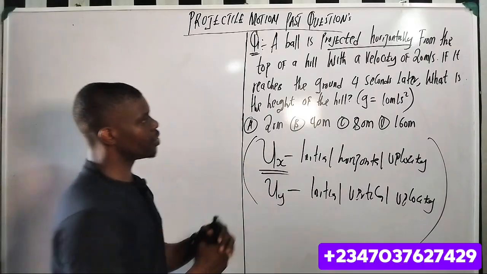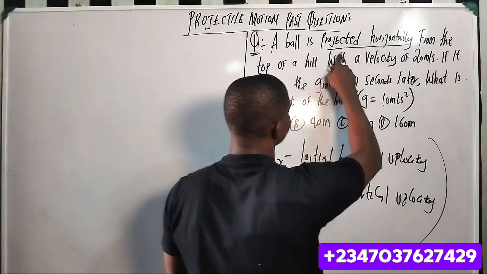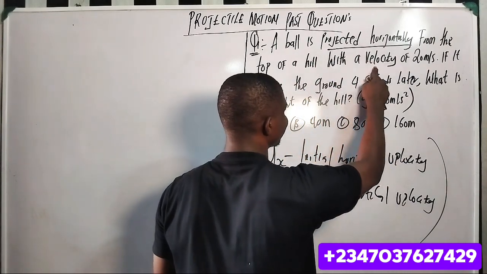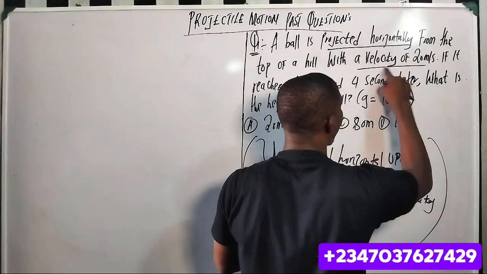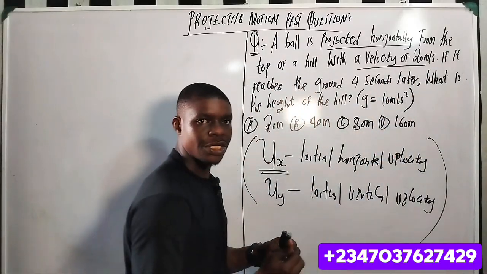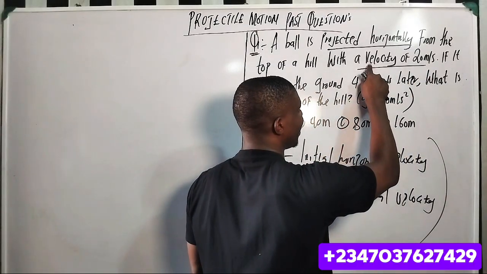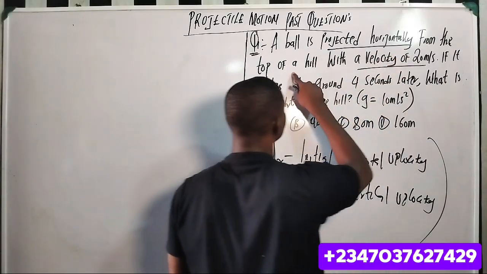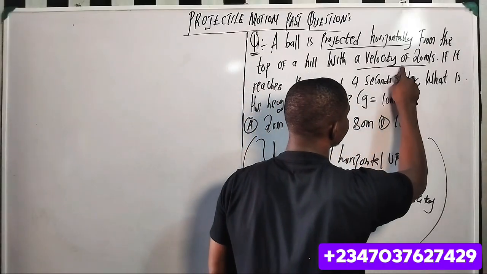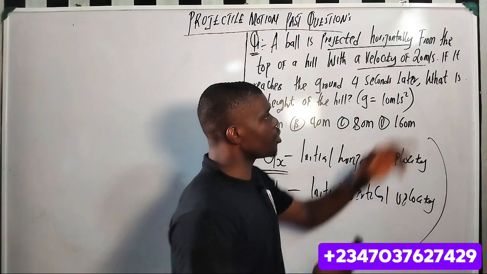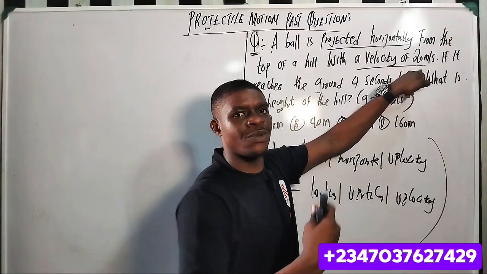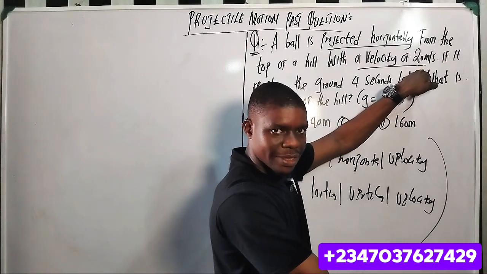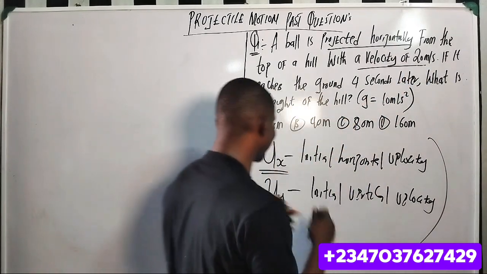If you look at the question very well, a ball is projected horizontally from the top of a hill with a velocity. This projection here is called horizontal projection, so it is the initial horizontal velocity. Why? Because it is projected horizontally from the top of a hill with a velocity of 20 meters per second. Most students will confuse this to be the initial vertical velocity, but it is horizontal, so it is ux.